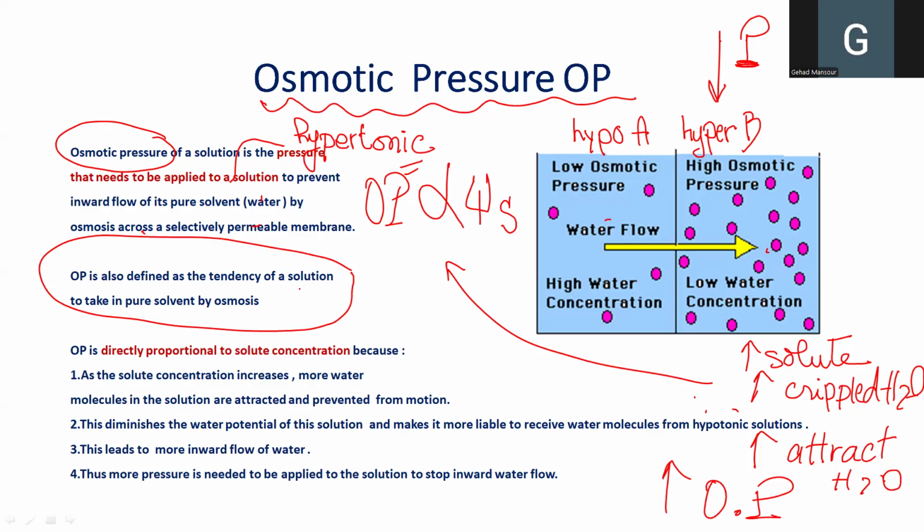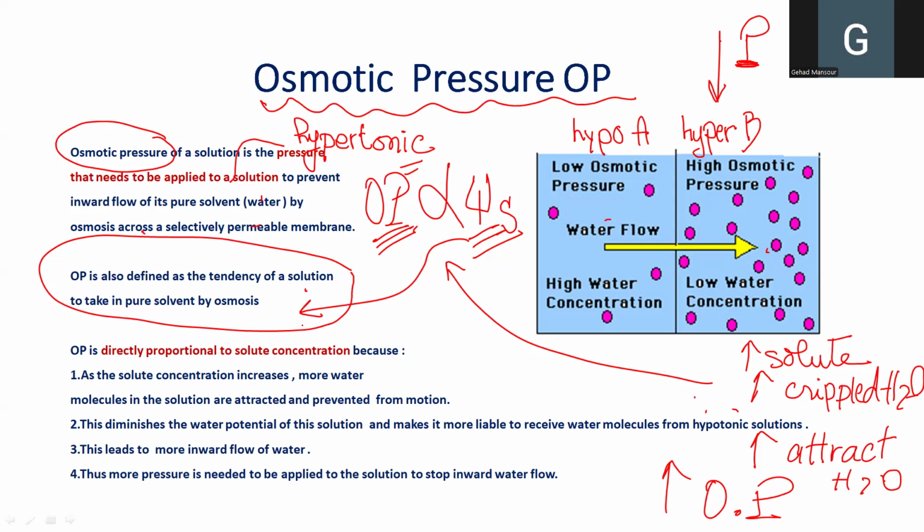Of course, it applies because when you need to apply more pressure on the solution, this means that you have more solute in the solution. And this definitely implies that you're capable of attracting more water. So osmotic pressure can be defined as the ability of a solution to attract water or take in pure water.